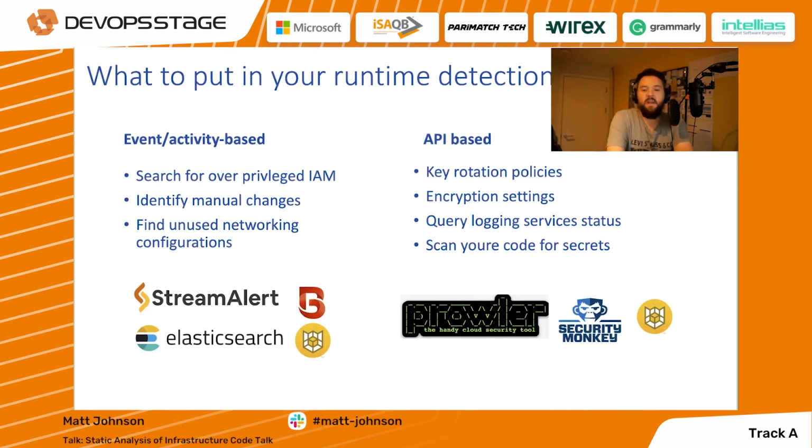In runtime detection, there's two schools of thought. There's your event or activity based, where you are streaming log data and output from systems into something like Elasticsearch or the ELK stack, and you are filtering and alerting based on seeing certain outputs that highlight something's not quite right, and you can decide what to do based on those.